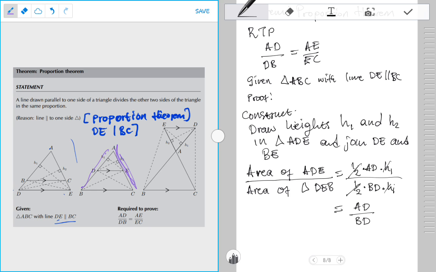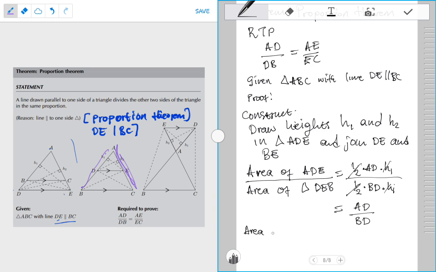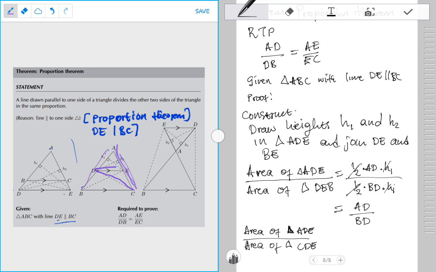Therefore, now we are saying the area of triangle ADE over the area of triangle CDE, which is this triangle.